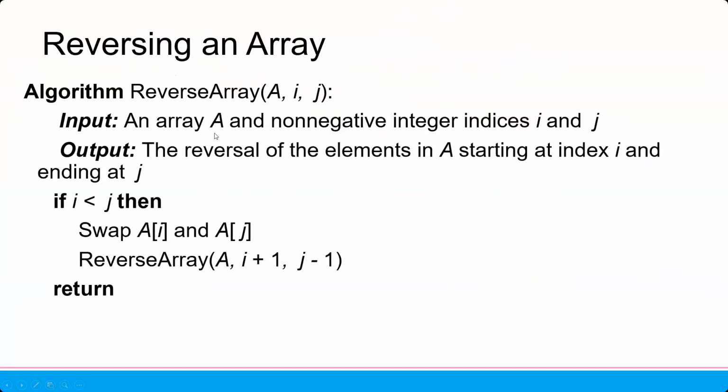Reverse array, we want to swap. So in the reverse array A, I, J, we want to swap. For example, I have an input, which is an array, and a non-negative integer. What does non-negative mean?